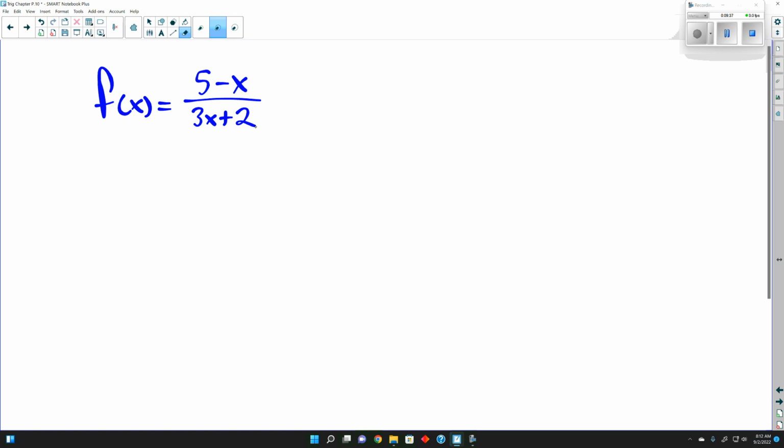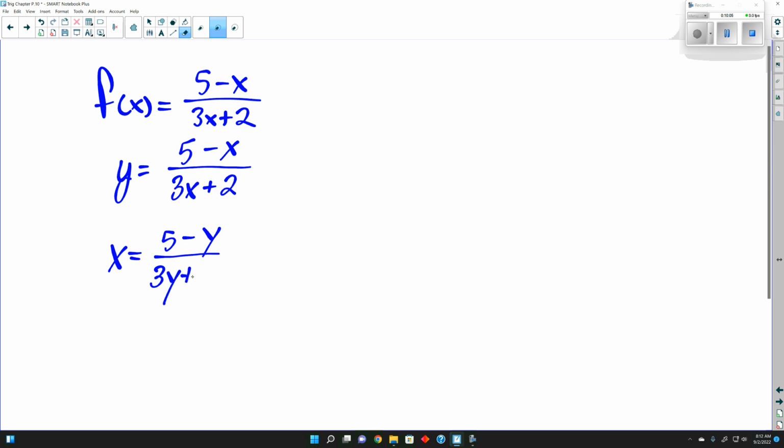Some radicals with square root aren't too bad. This one here is going to be good for us to look at, because the first step is replace f(x) with y. Pretty straightforward. Now we need to switch the places of x and y, so we're saying x is equal to 5 minus y over 3y plus 2.